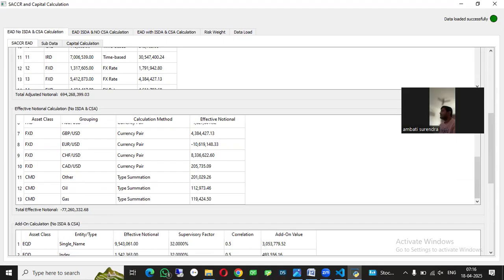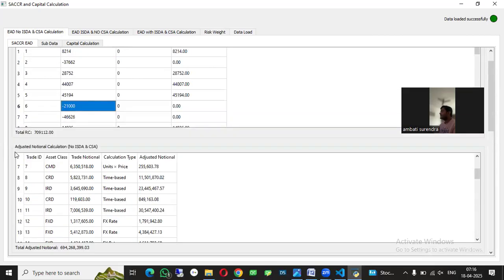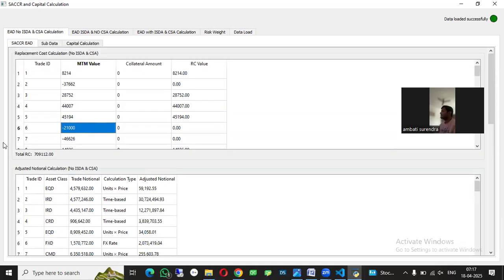So adjusted notional is a standardized measure of the size of a derivative trade, and the name itself says it is adjusted to specific characteristics of the trade, such as time to maturity, current rates, and market rates. If you see, in a few places it calculates at trade level, and in a few places it calculates at asset level.